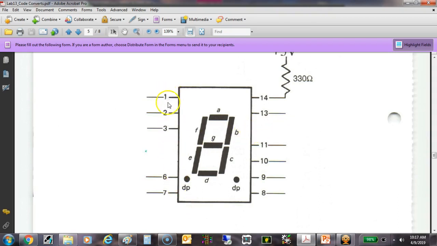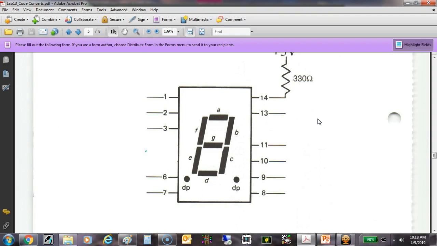But it numbers it just like it was there. So this is pin 1, 2, 3, then 4, 5, 6, 7, 8, 9, 10, 11, 12 would be right there, 13, 14.